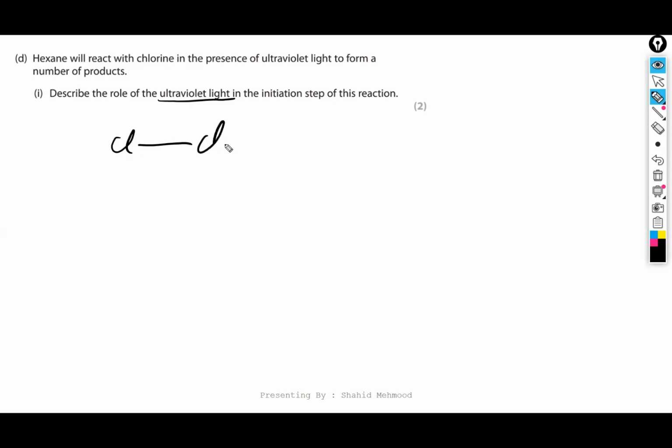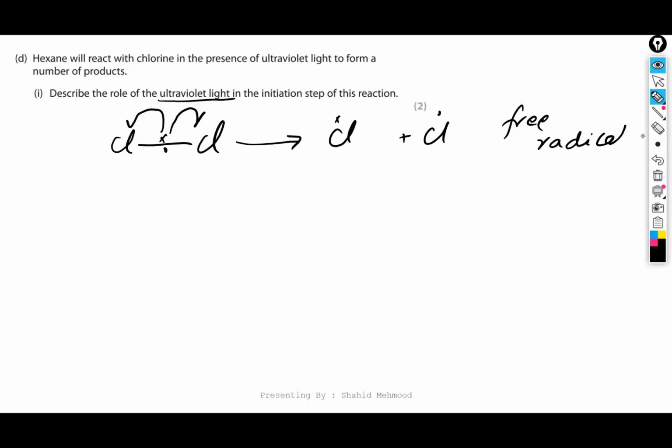This is a very common question: when we break this bond, it is homolytic fission, and the two bond-pair electrons go one to each atom and we get free radicals. This is part of the mechanism.